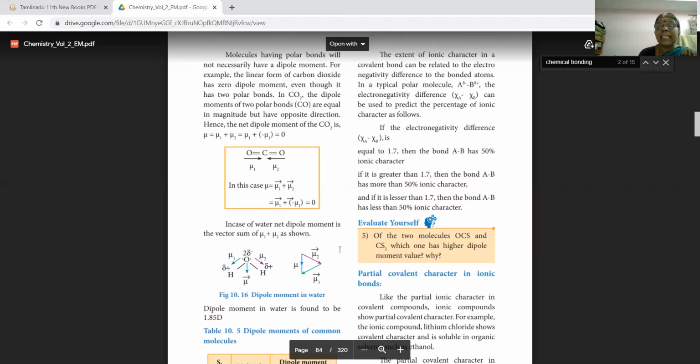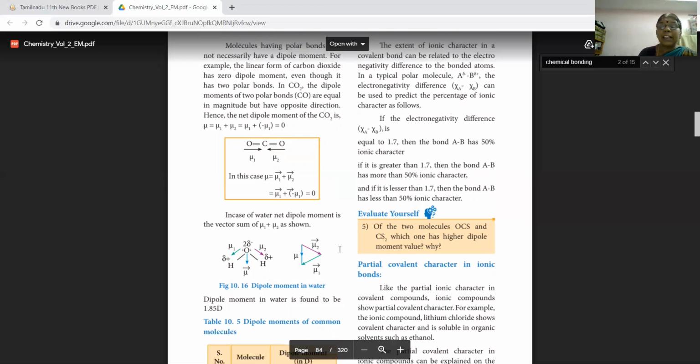If it is greater than 1.7, then the bond between A and B has more than 50% ionic character. And if it is less than 1.7, then the bond between A and B has less than 50% ionic character.